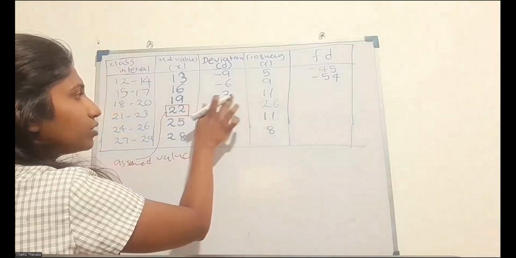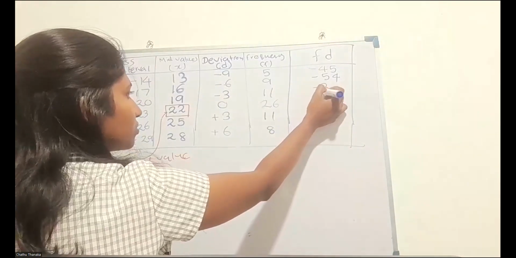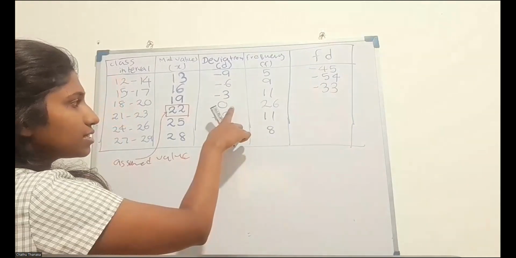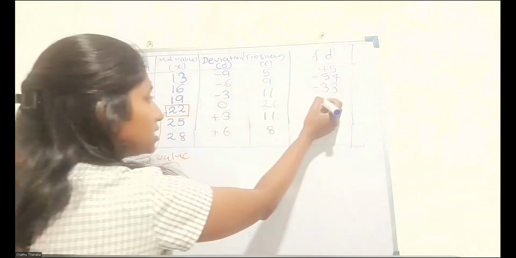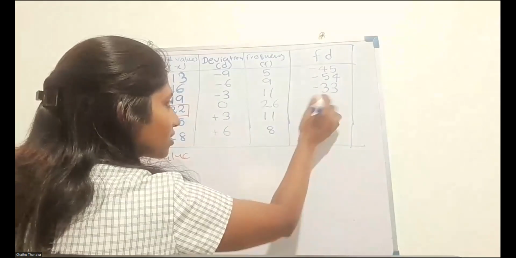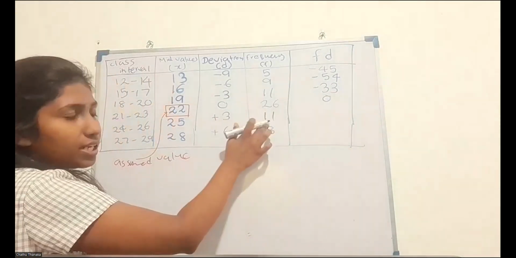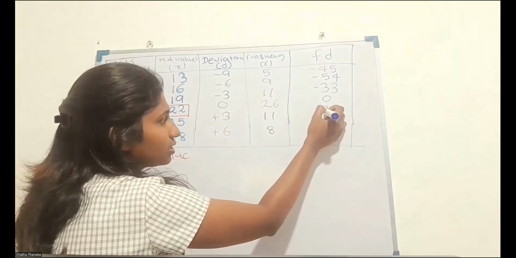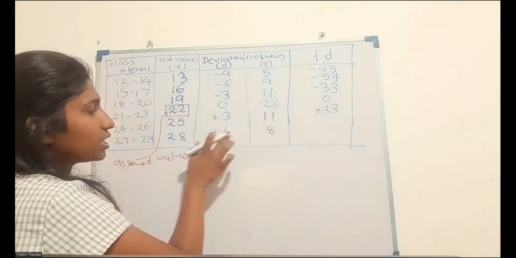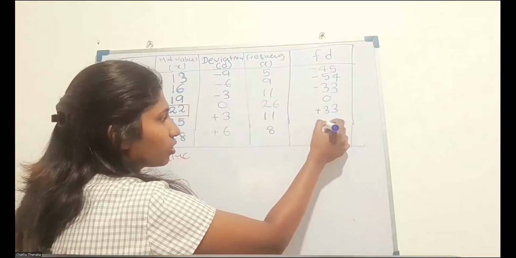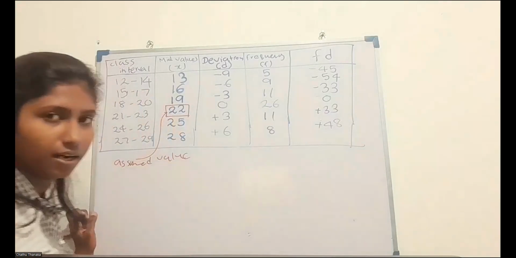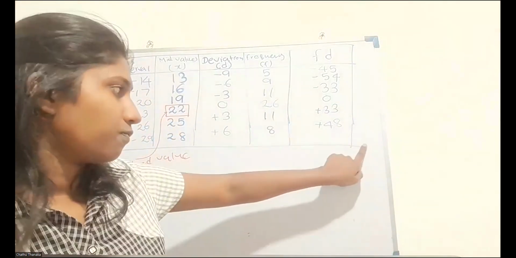The next one, negative 3 into 11, it's negative 33. Then 0 into 26, answer is 0. Then 3 into 11, answer is positive 33. Then 8 into 6, answer is 48. Then the table is okay.